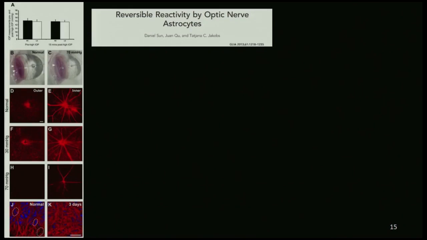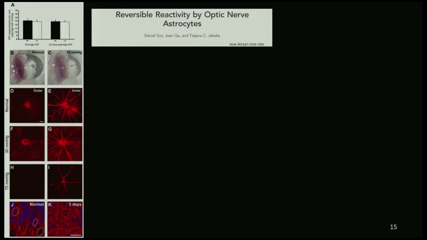They were able to look at inner and outer retinal perfusion at the low levels of IOP elevation, and they saw no significant change over baseline. But if they took that up to the 70 millimeters of mercury, they can certainly cause ischemia. Again, this was just to show a proof of principle that they can get that elevation. But really, the 30 millimeters of mercury is what they were looking at for their injury.